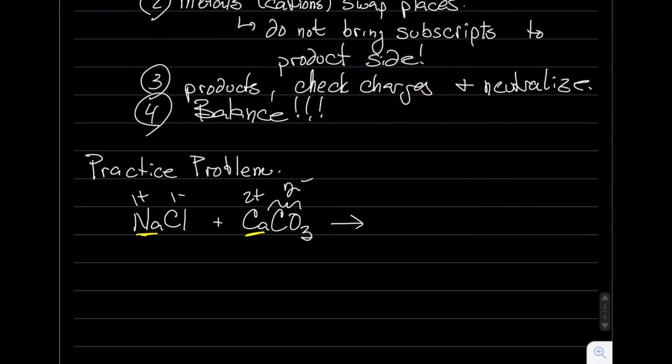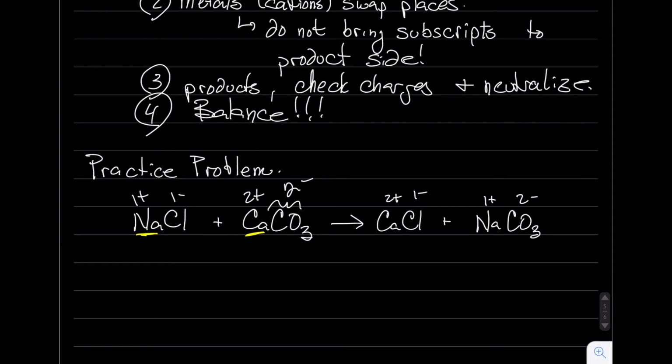So we'll end up with calcium 2 plus hooking up with chlorine 1 minus, and sodium 1 plus is going to hook up with carbonate 2 minus.